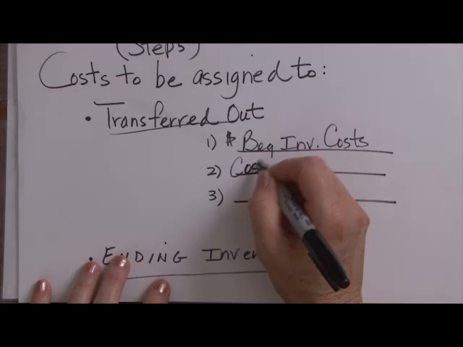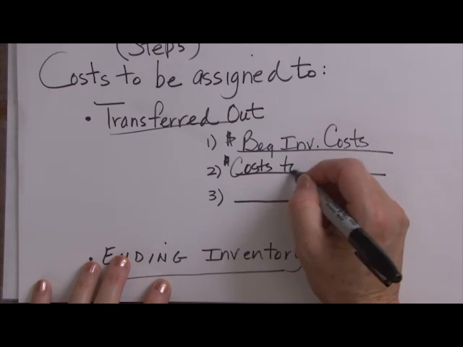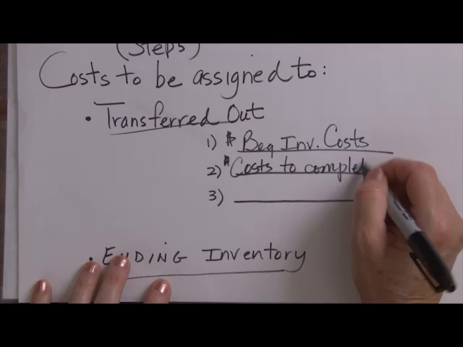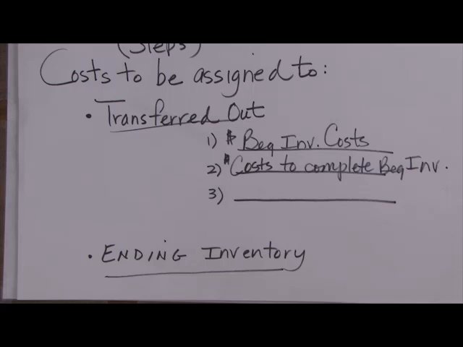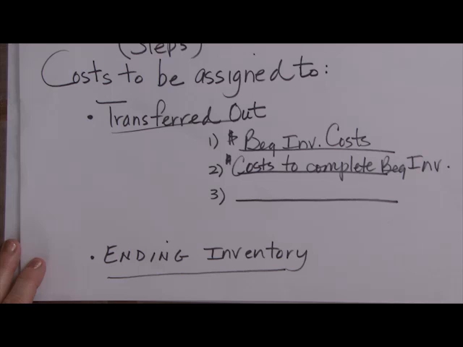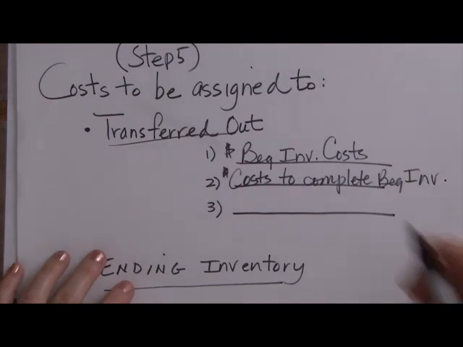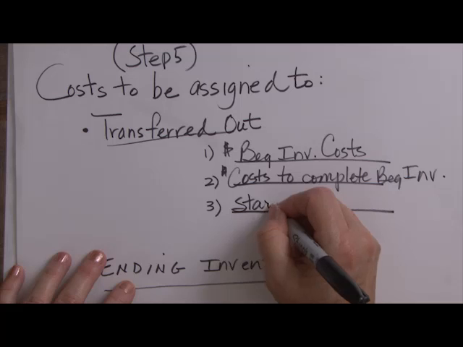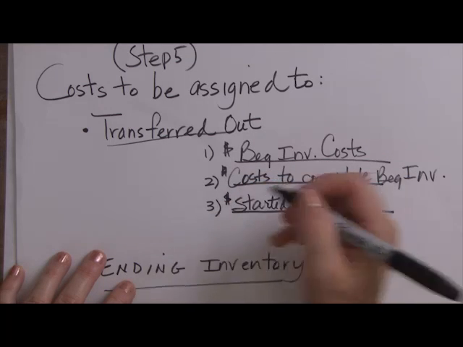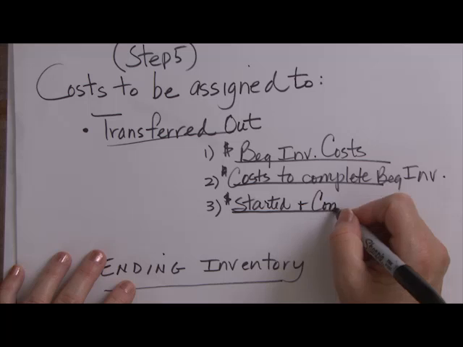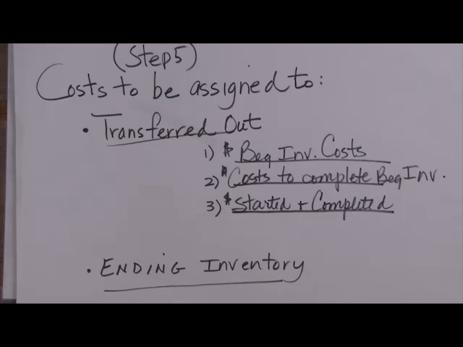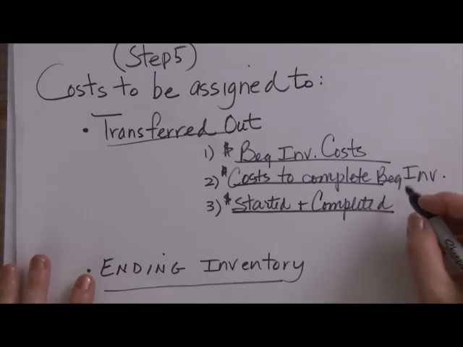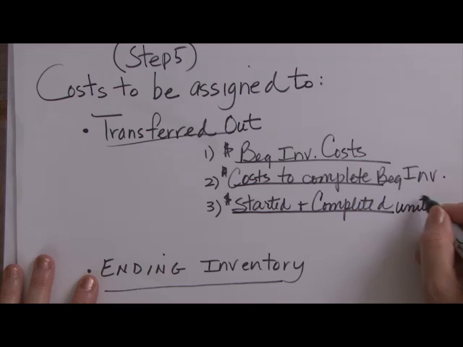Secondly, we're going to have all those costs to complete the beginning inventory. And we've kept track of that by the way we calculated our equivalent units back in step 2. Thirdly, we're going to have this group of started and completed units, and we will be assigning the cost of these started and completed units to transferred out.